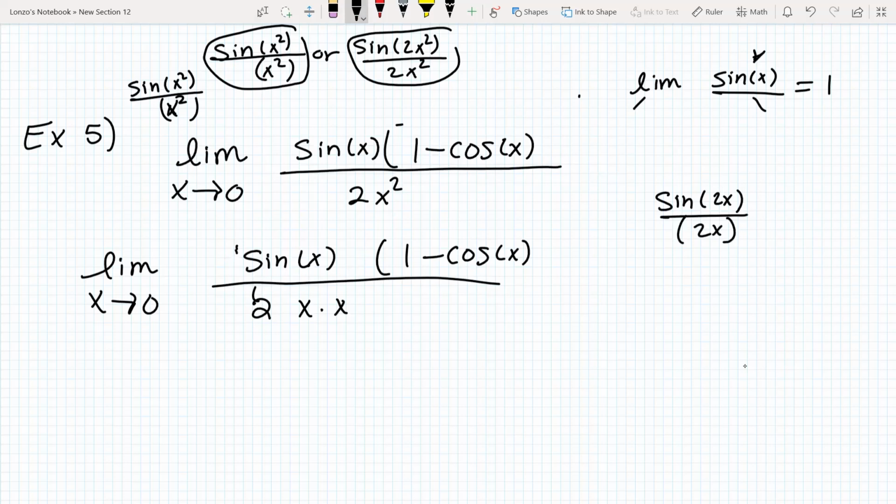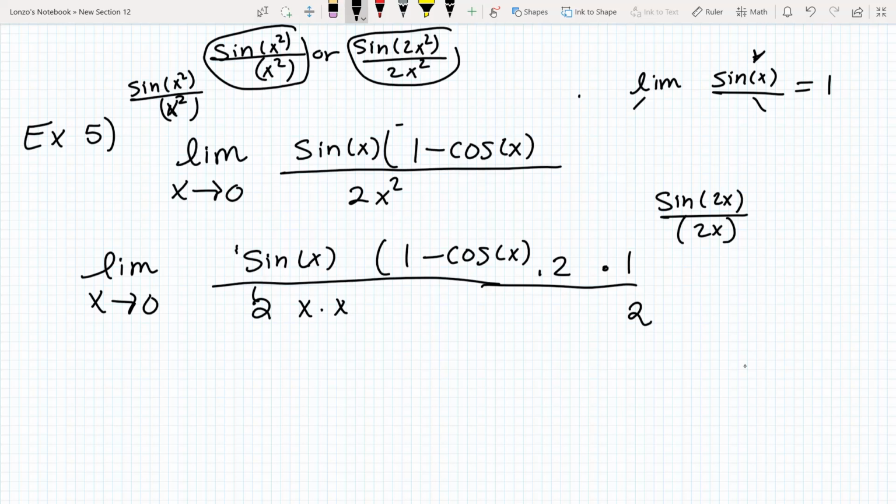If we do that, that would mean I would have to multiply this by 2, right? And then to balance that, I would have to multiply this by 1 over 2. Okay, cool.